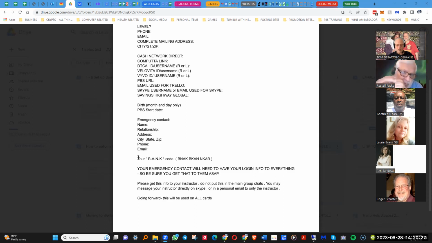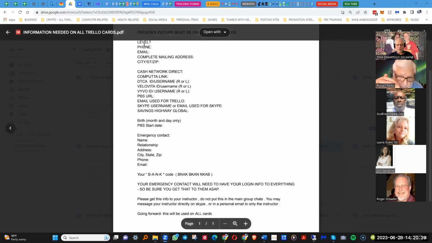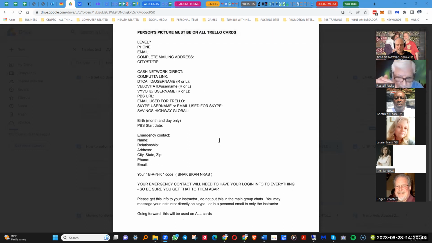Okay. The bottom part underneath that is optional. It's for the people that are taking advantage of that particular program. But from the email up to the top is what is important and is definitely needed on every single Trello card. So if you're following up on older contacts, older students that you haven't seen in a while, just plop that in there.